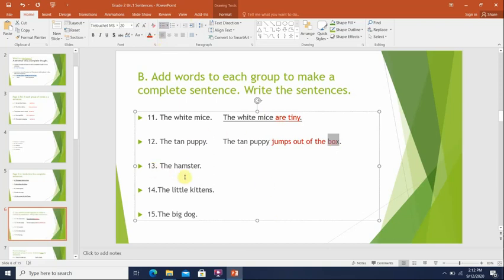Number 13, the hamster. We can write the hamster is in the cage. Okay. The little kittens.